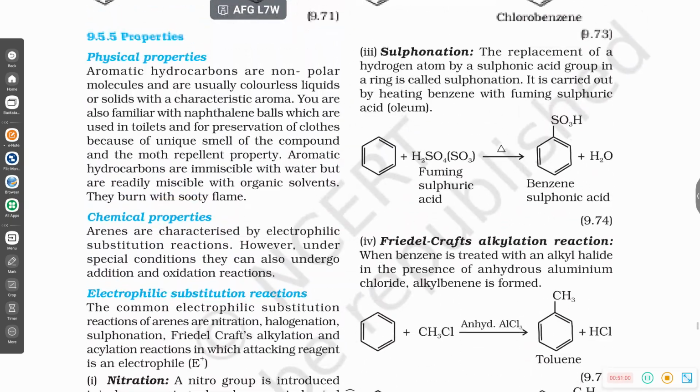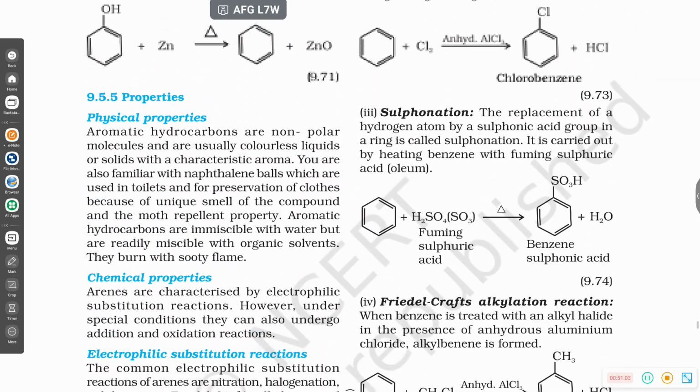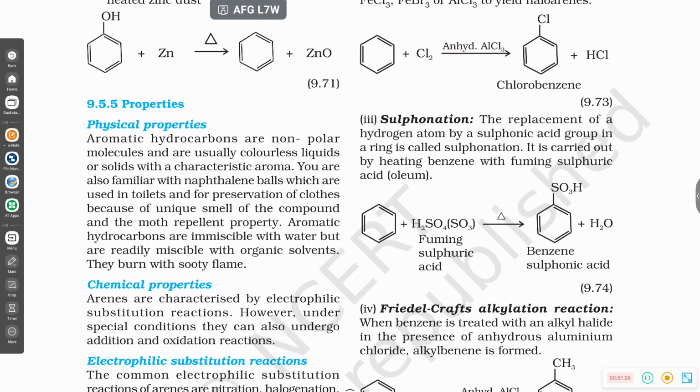Sulfonation, very important. They are giving concentrated sulfuric acid or oleum. Oleum means H2S2O7 also. They will give three things: concentrated H2SO4, fuming sulfuric acid, H2S2O7 or oleum. H2SO4 plus SO3 becomes H2S2O7, that is fuming sulfuric acid. But here the electrophile is very different: SO3, there is no charge.